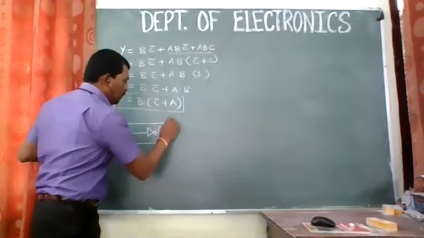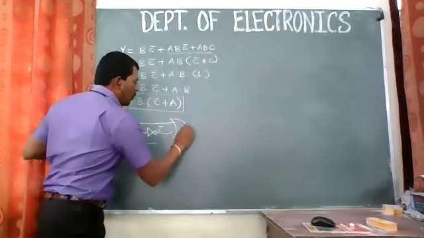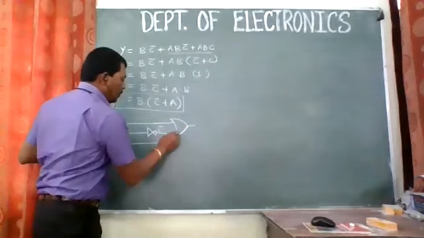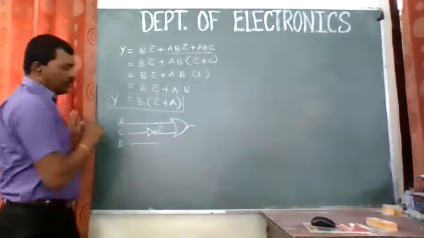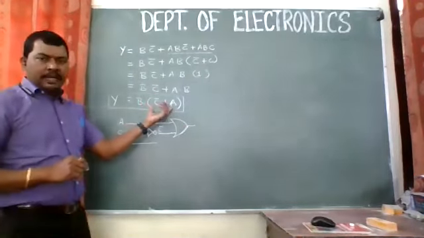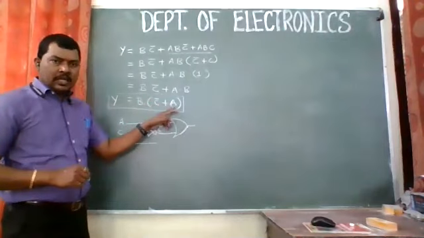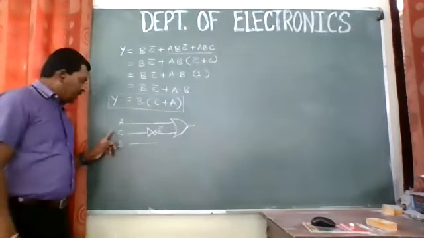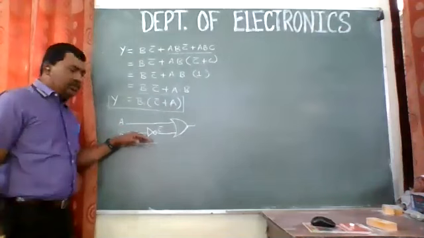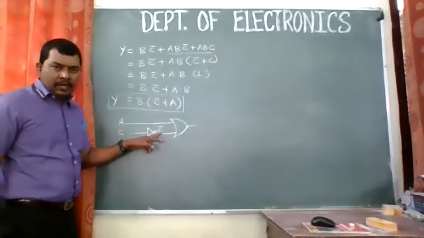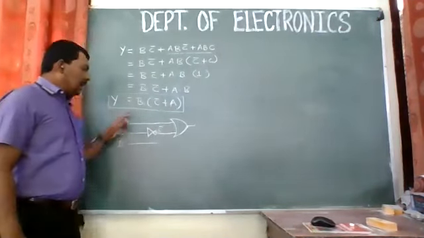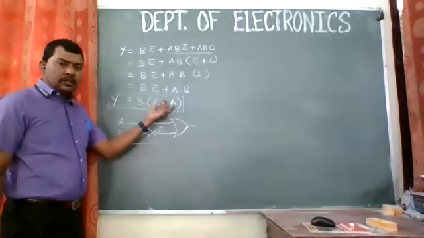So the gate will be an OR gate. So I am ORing this over here. So I've got this. The bracket is C bar plus A. For C, I have taken C over here and then I have inverted it to get C bar, right? Then A plus C bar is there in the bracket.